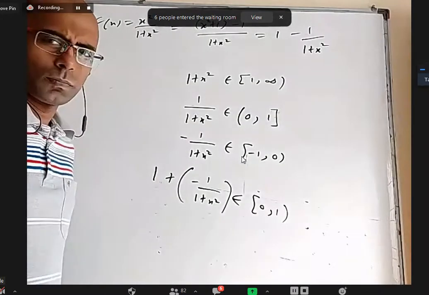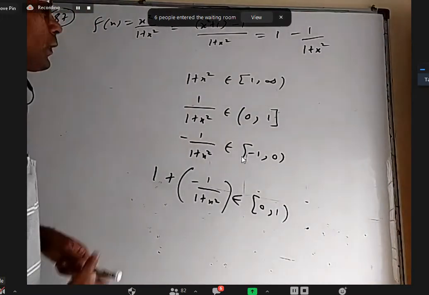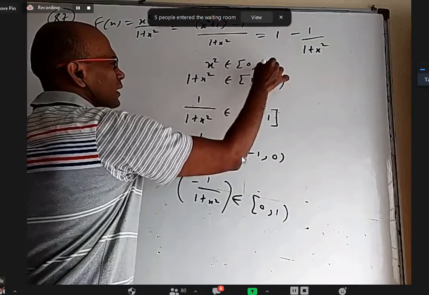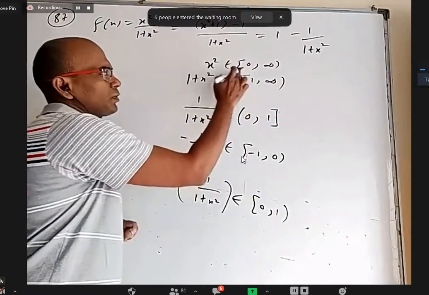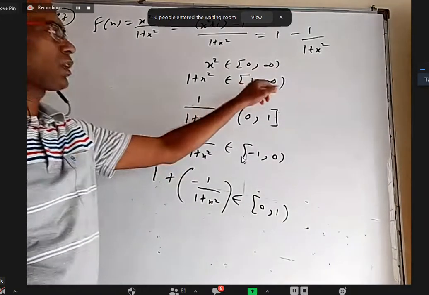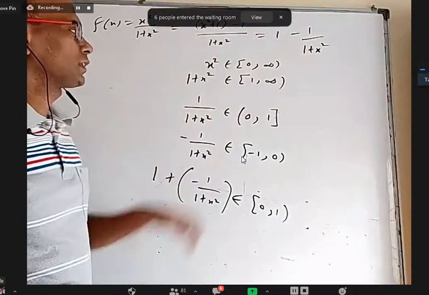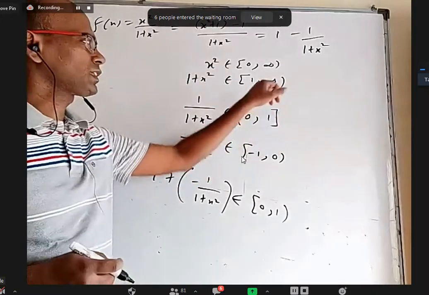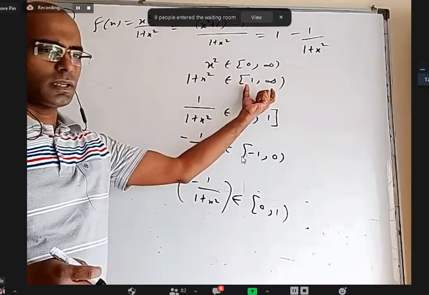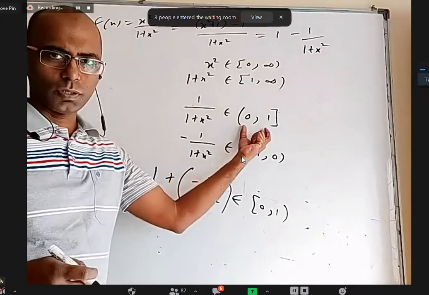Sir, can you explain the third step, sir? Okay. We know x square alone belongs to minimum 0, maximum infinity. I added 1, so 1 to infinity. When I take the reciprocal of anything between 1 to infinity, the reciprocal of 1 will be 1, and the reciprocal of infinity will be 0. So the reciprocal of all the numbers from 1 to infinity will be between 0 and 1.